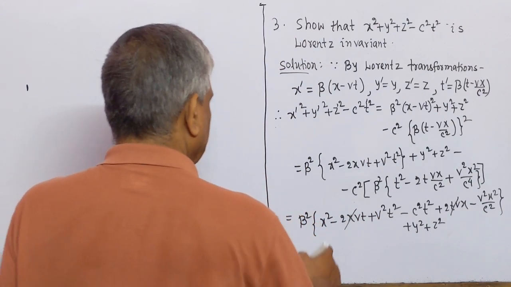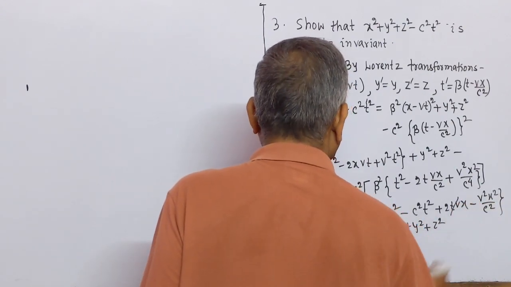So here x square, here t square, we will take common.